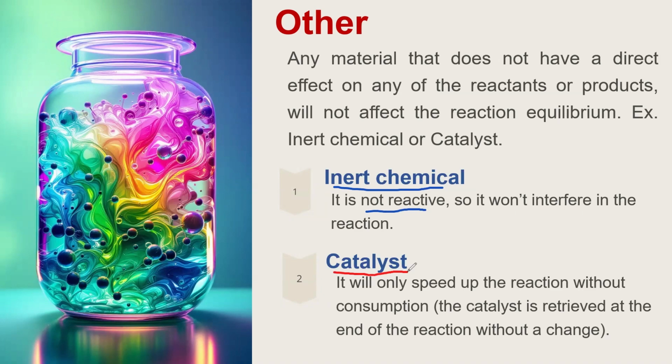So it won't affect the equilibrium. So we have 2 factors that will not affect the equilibrium state, the inert chemical and the catalyst, because they will not cause any change in the reaction rate, whether the reverse or the forward reaction.